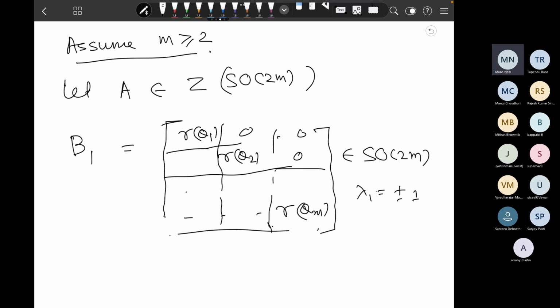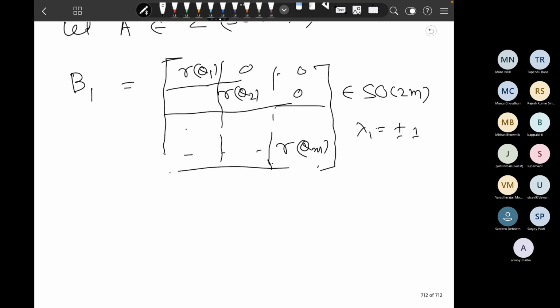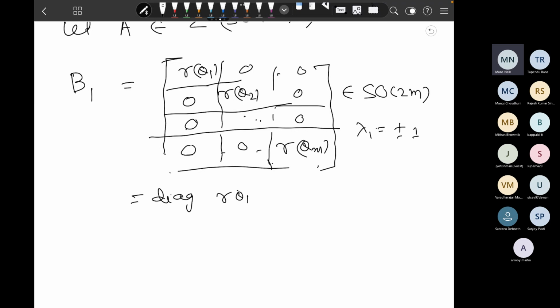I will choose theta 1, theta 2, theta m later, so that the eigenvalues of B1 will be different. So this is all 0, right? You can write this as diagonal of R theta 1, R theta 2 and R theta m, with the understanding that these are 2 cross 2 blocks.